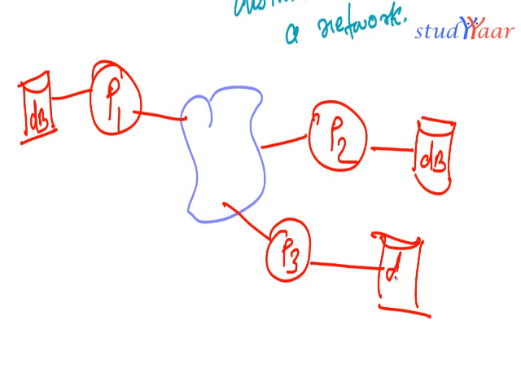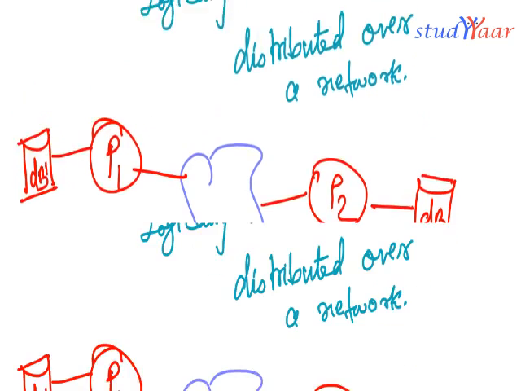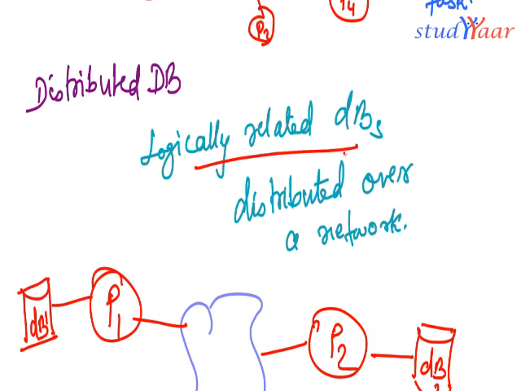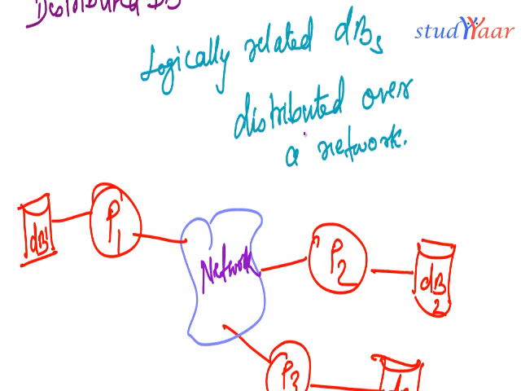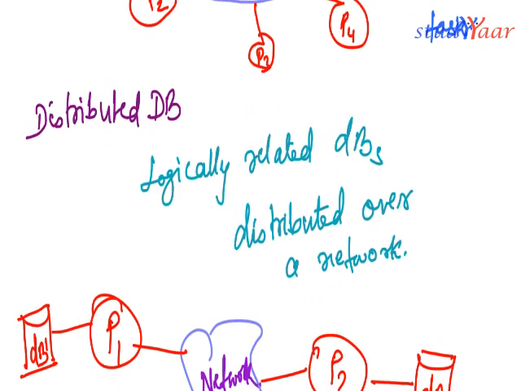Let's call them DB1, DB2, DB3. What I'm saying is it is a logically related collection of databases. Hence, all these databases are related in some manner. Only then can I call it a distributed database. And this is my network, the databases distributed over a network.